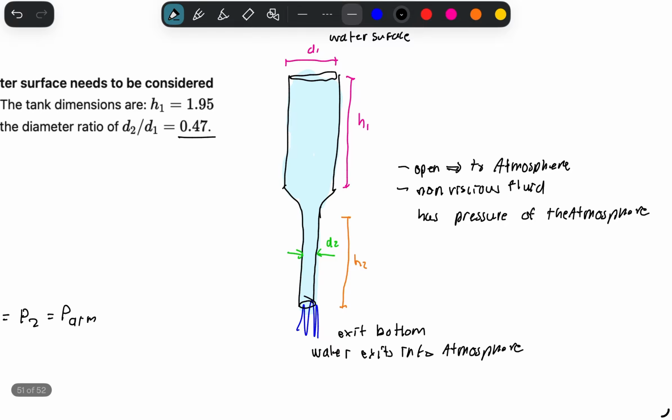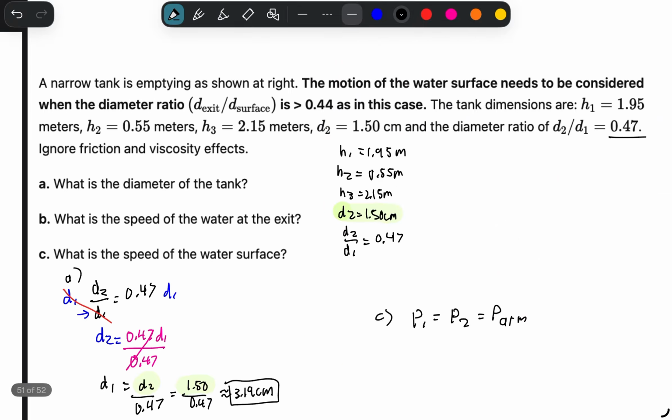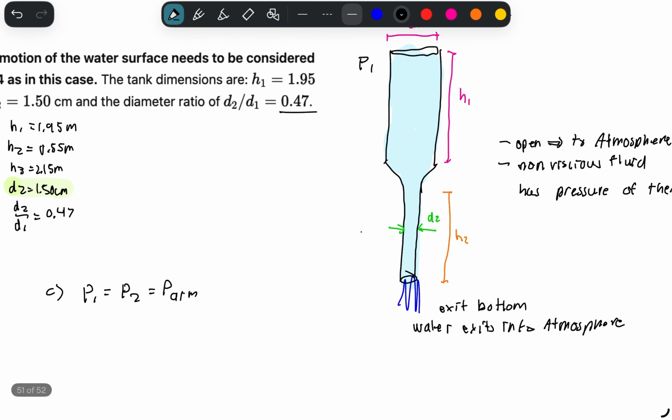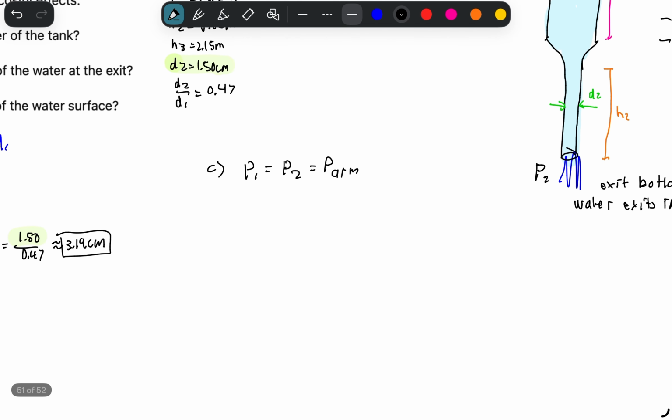So in this question, we can say that pressure 1 is equal to pressure 2 when it's coming out, because it's all connected to the larger pressure of the atmosphere. So it just takes the atmospheric pressure.